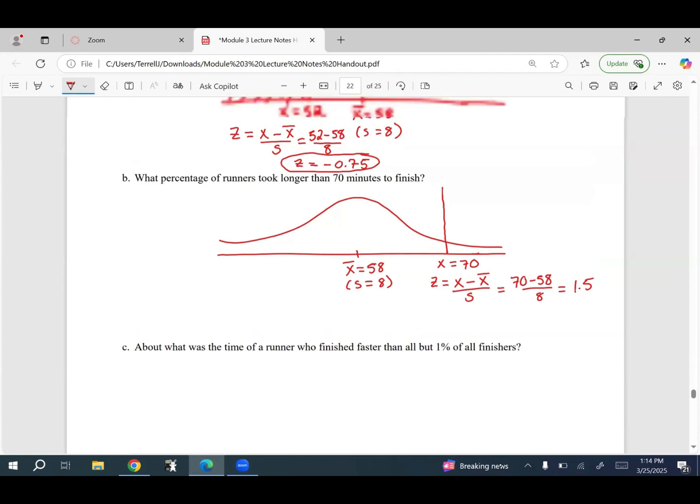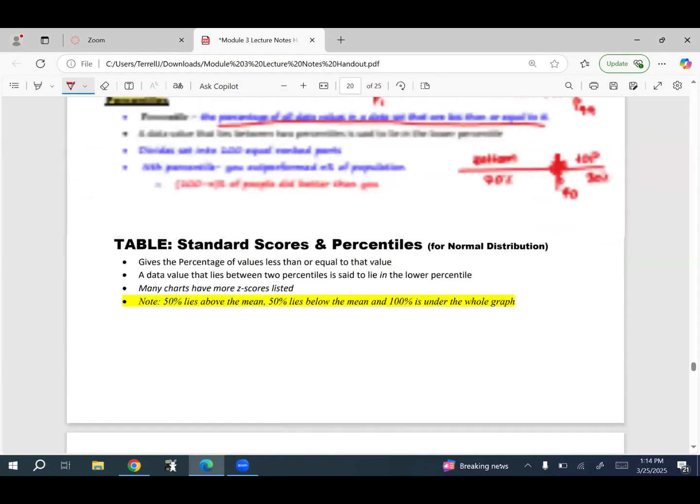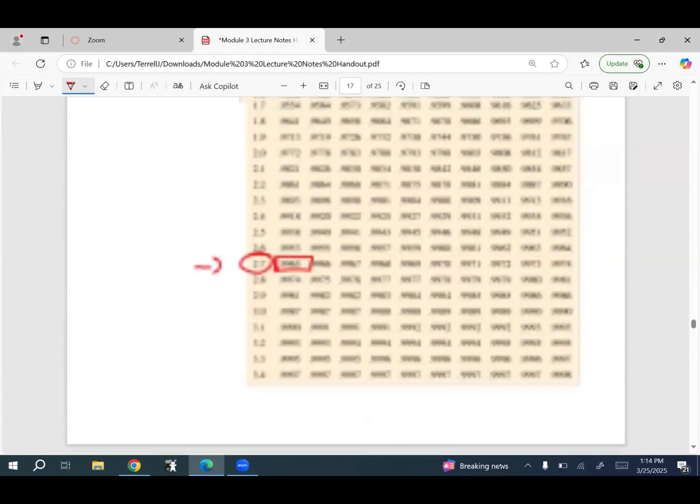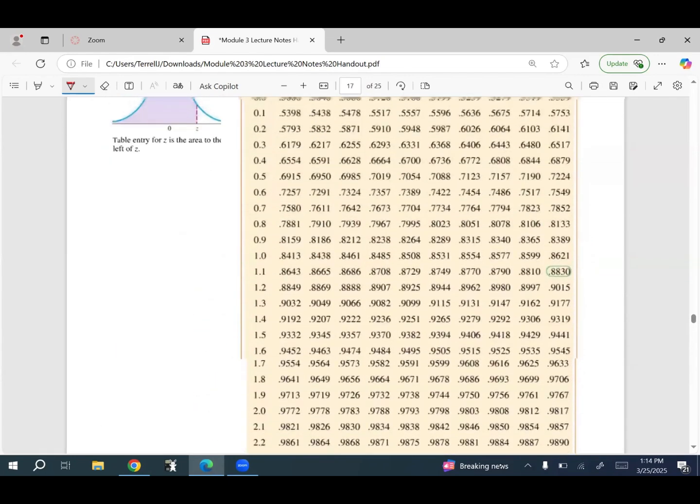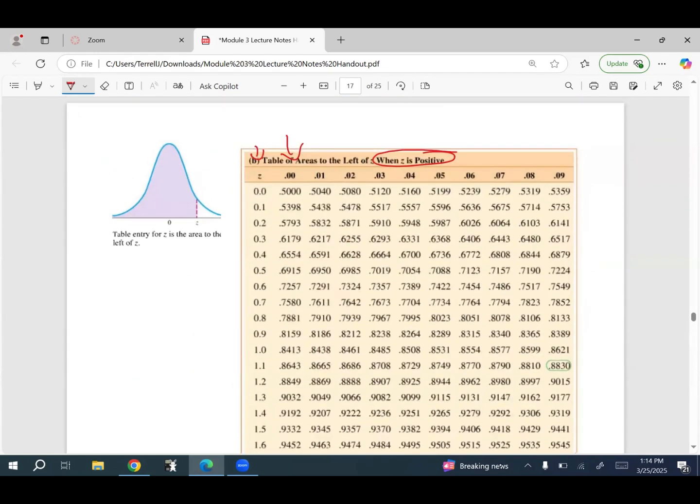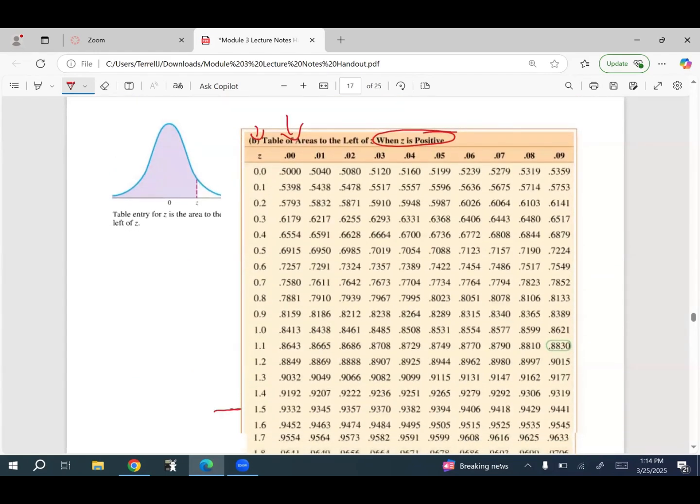So this is a positive 1.5. So I'm going to look at my positive z table now and look for 1.5. So you see I'm on the positive. And here's the 1.5 row, and I'm going to match it up with the 0.00 column, and that gives me 0.9332.